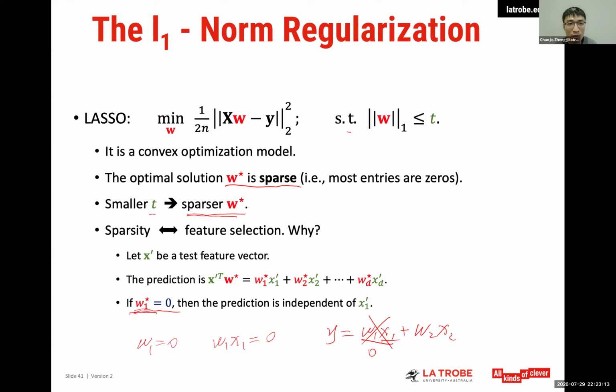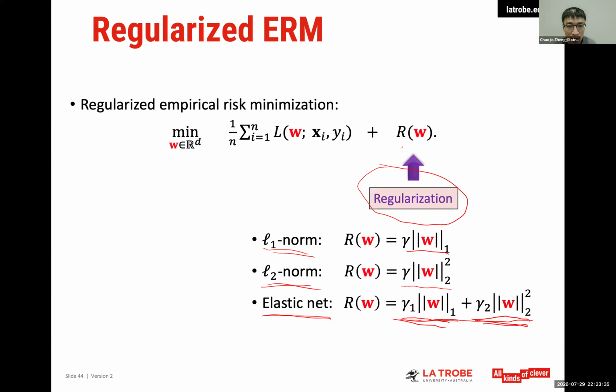So lasso regression with the L1 norm as the regularization term can do feature selection. So this x2 will be the feature selected. For elastic net, it is taking advantage of both terms. It uses the L1 norm to do the feature selection, and it can control the model complexity using the L2 norm.